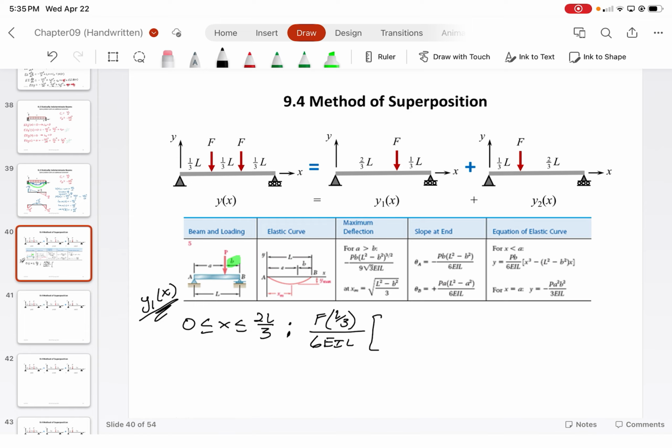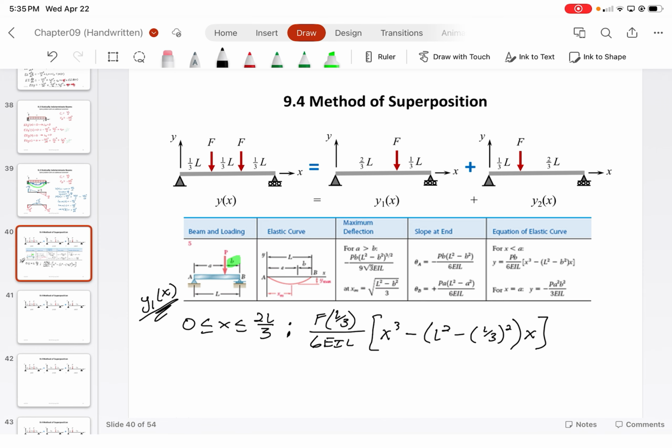And then you've got x cubed, x just being a generic variable for that region, because again, we're writing the deflection equation for bounds 0 to 2L over 3. And then subtract L squared, and then B squared, which is just L over 3 squared, and then multiply that by x.